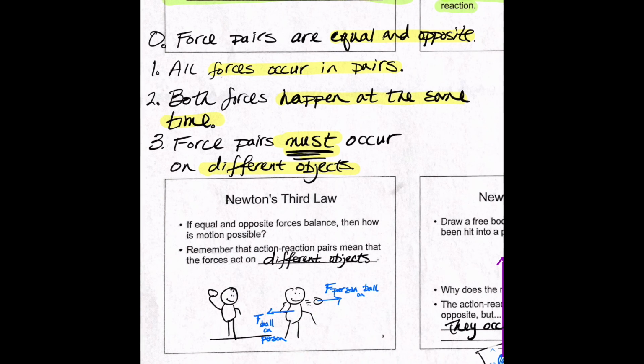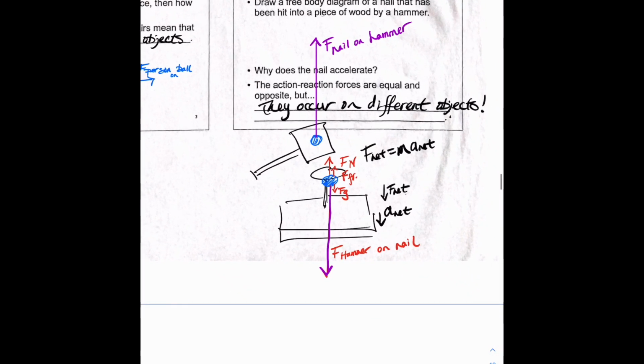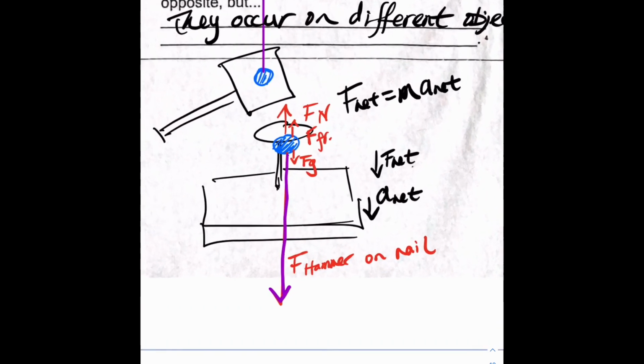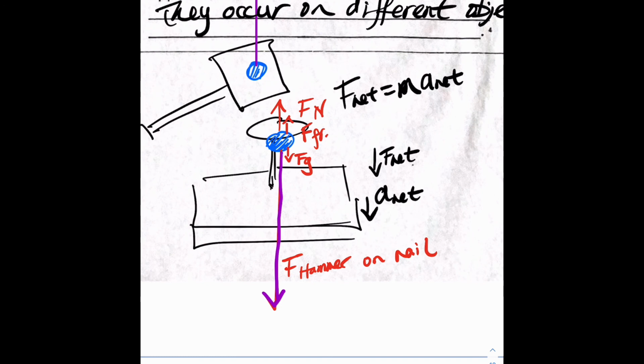And picking these force pairs out is not easy. For instance, if we thought about this one a little bit harder, let's see. We'll make force normal brown. If force normal is this brown force right here, force normal is the force that the block pushes on the nail.